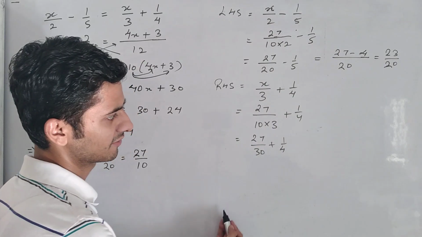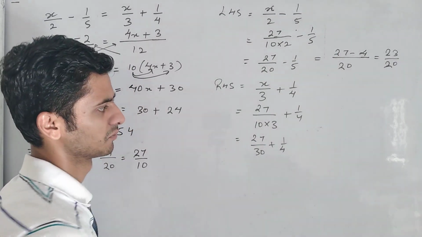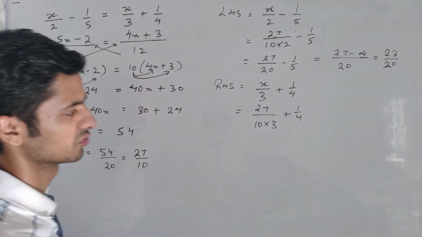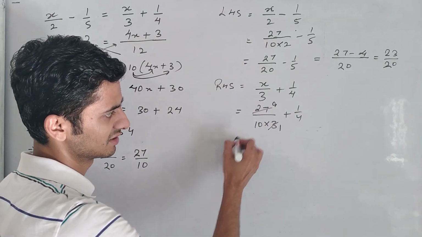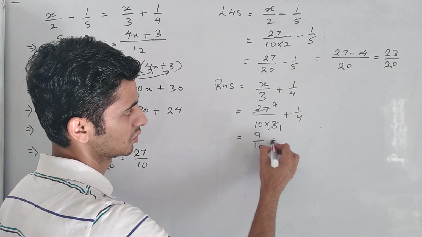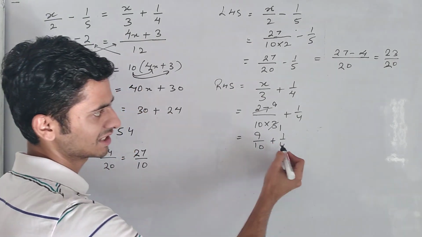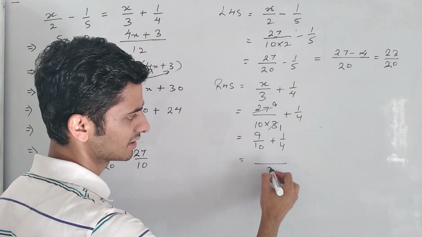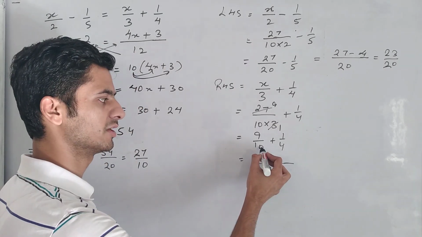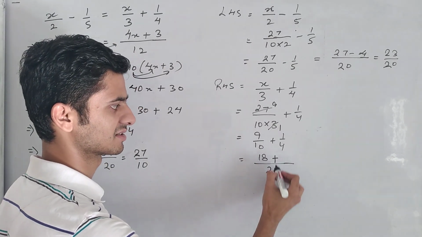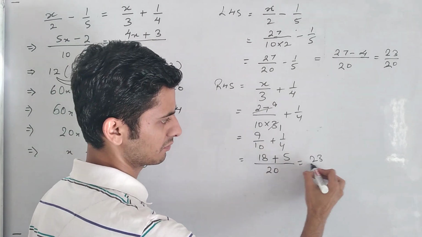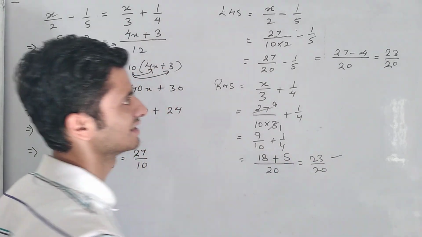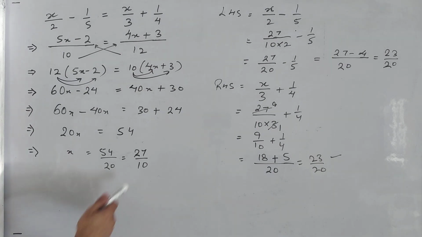Before proceeding, we will do one more thing over here. 3 ones are 3, 3 nines are 27. So it is 9 upon 10 plus 1 upon 4. LCM of 10 and 4 is 20. 20 divided by 10, 2 into 9, 18, plus 20 divided by 4, 5 into 1, 5. 23 upon 20. So right hand side and left hand side are coming out equal. Our answer is 27 upon 10.